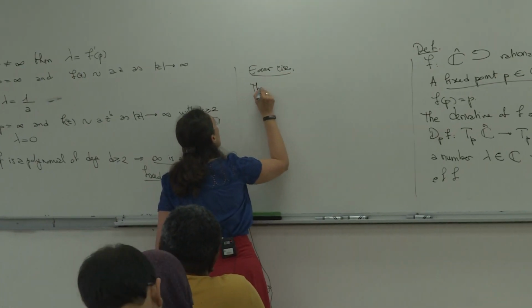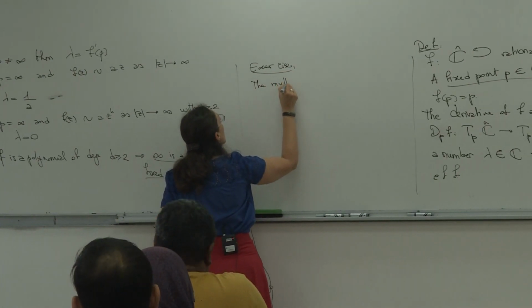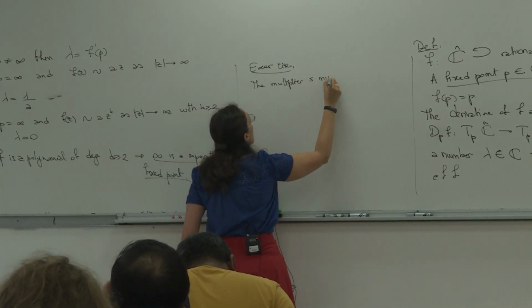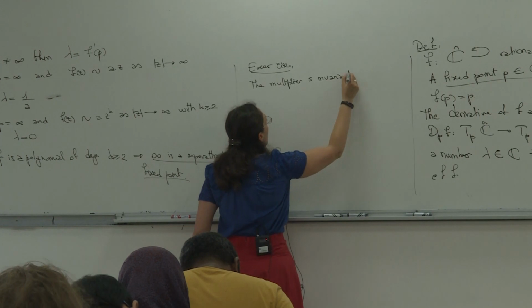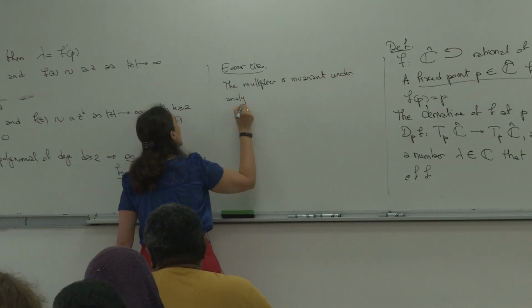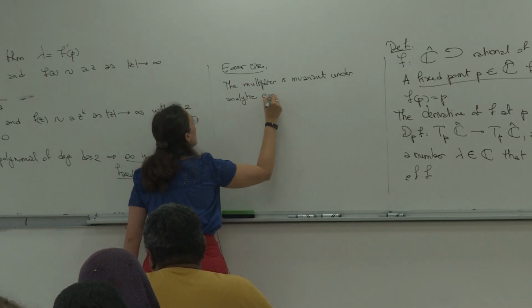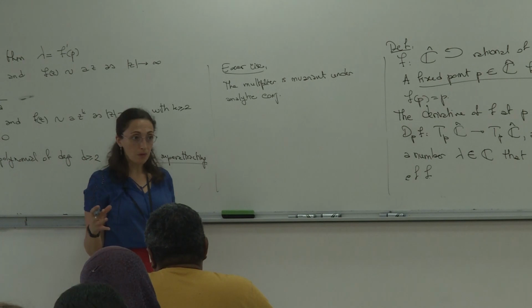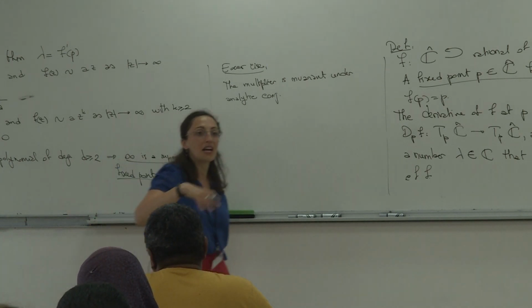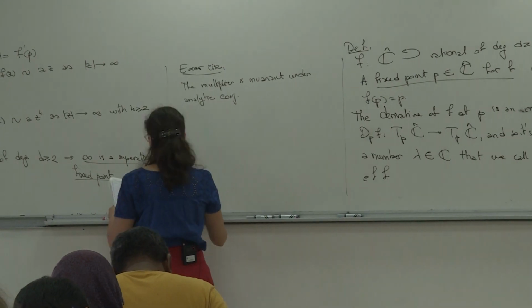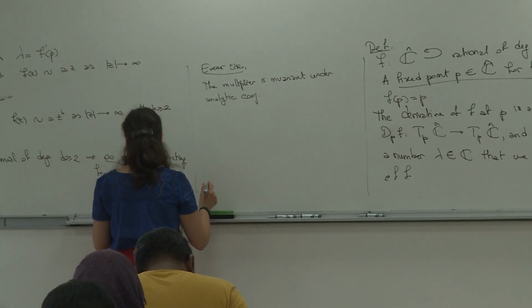The multiplier is invariant under analytic conjugacy. And this is simply the chain rule. But I will let you try to search for it. And then if you have questions, I will answer to you, of course.